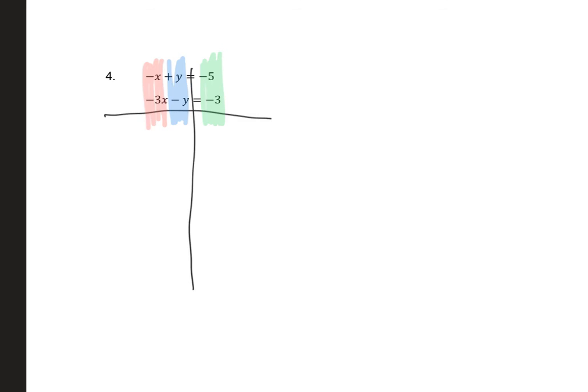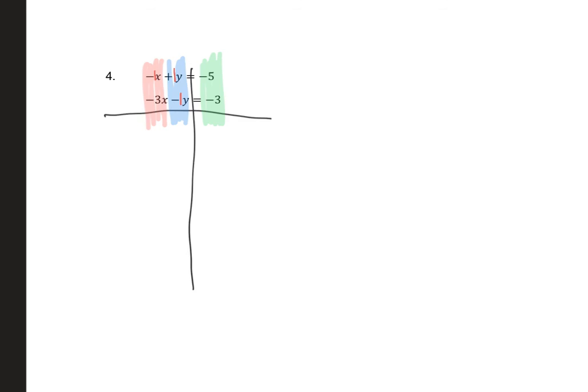Place a 1 in front of any of the missing coefficients. All right. It's not going to be the x's that zero out because I have a 1 and a 3. My numbers are never going to be the ones that zero out because I'm looking to eliminate a variable. It is going to be the y's here because I have a positive and a negative, and I have a 1 and a 1.